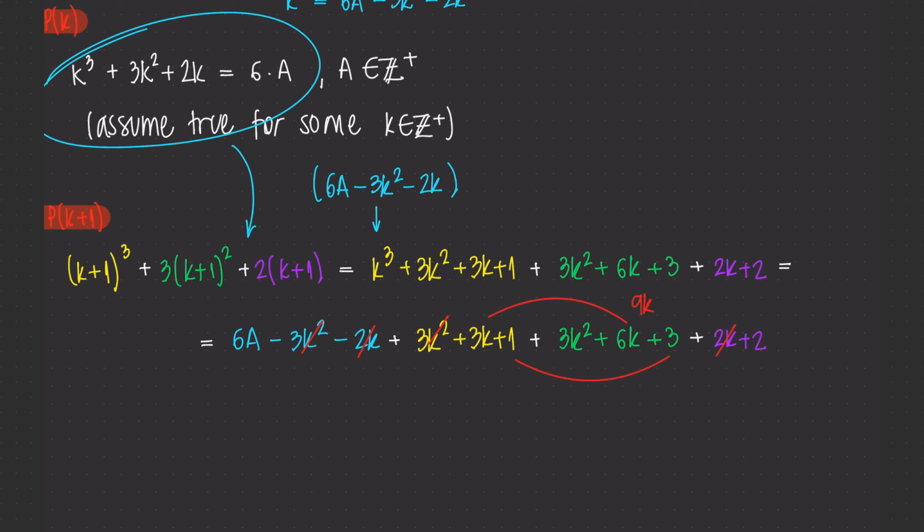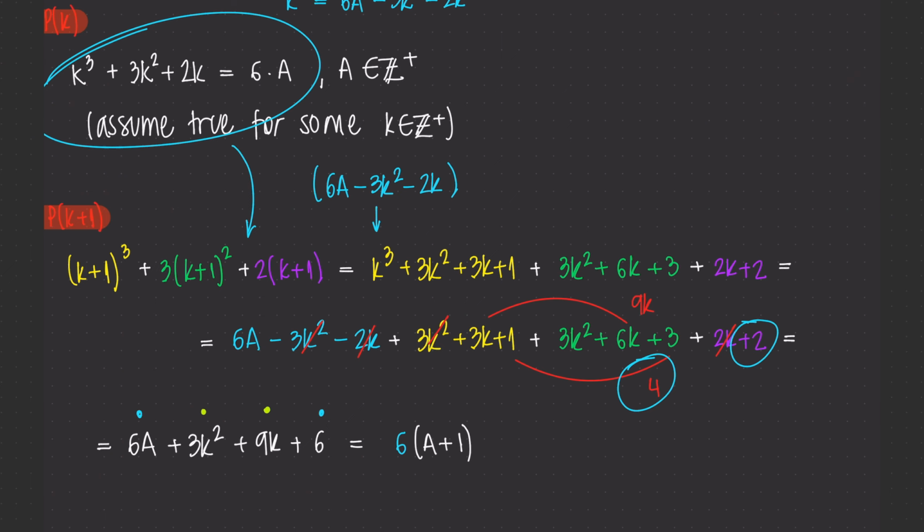And we also have a 4 here, which gives us 6A plus 3k squared plus 9k plus 4 plus 2, which is plus 6. And for these two terms, we can factor out a 6. So we have 6 times A plus 1, which is good. So for this one, we have a multiple of 6. However, for these two, we can only factor out a 3k, getting k plus 3 inside this set of parentheses.